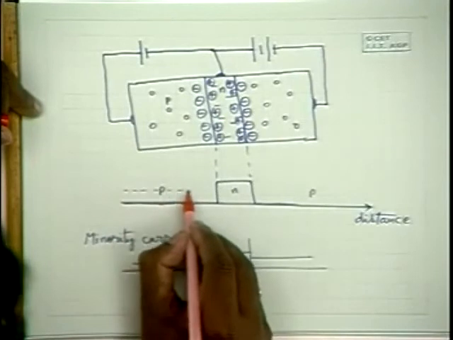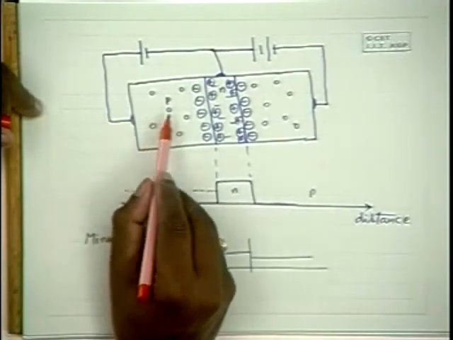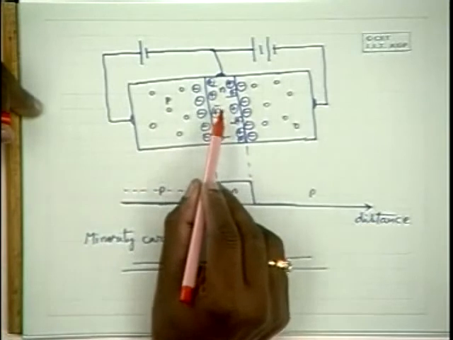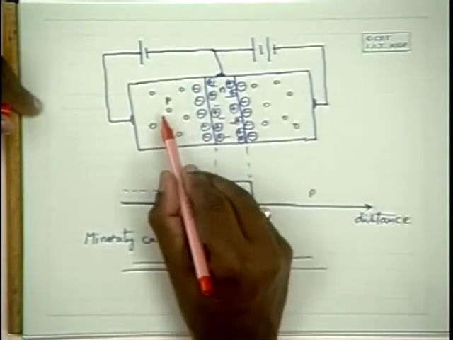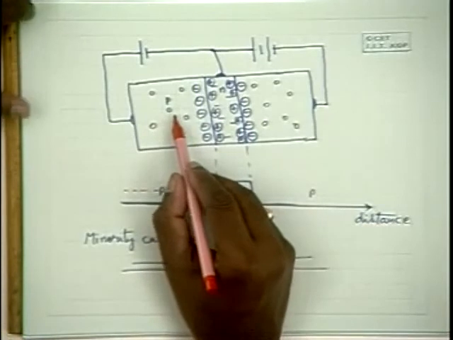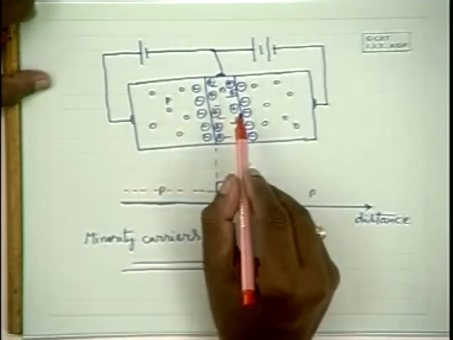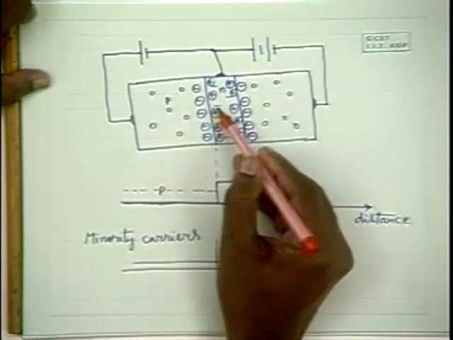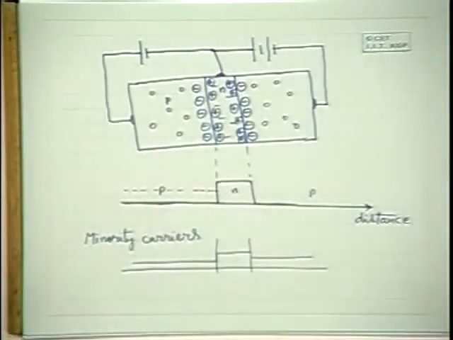So this potential barrier is reduced by elevating the potential of this p side with respect to the n side, and because of that there will be a large amount of diffusion of holes from the p side to the n side, and the diffusion of electrons from the n side to the p side, similar to the case of a semiconductor diode.